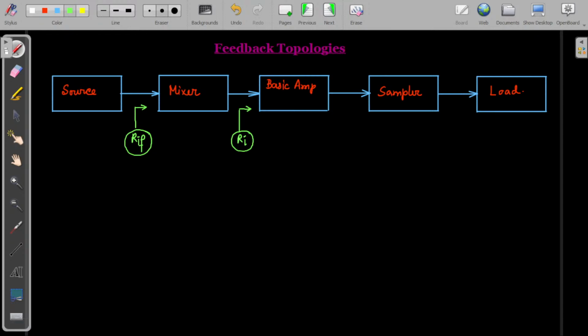Similarly, if we see the resistance in this direction from this point, I will get R0, and R0 is the output impedance of the basic amplifier only. Similarly, if we see the output impedance from this point, we will get the output impedance of the total feedback circuit.